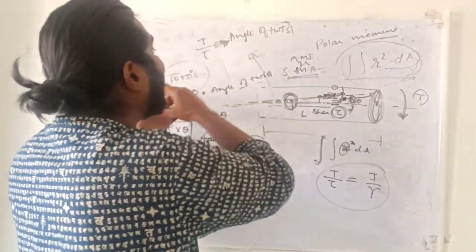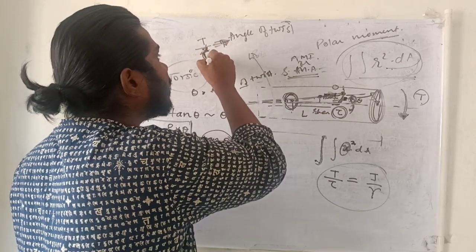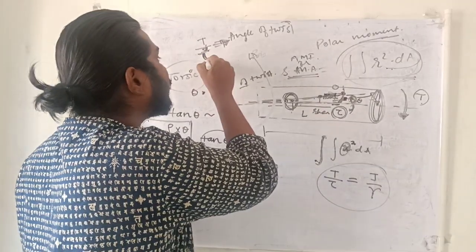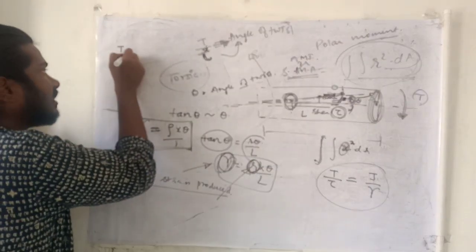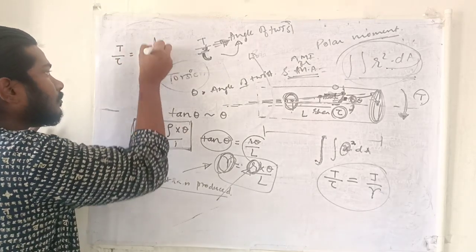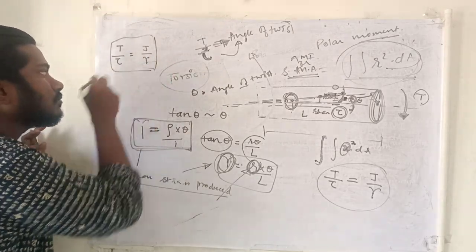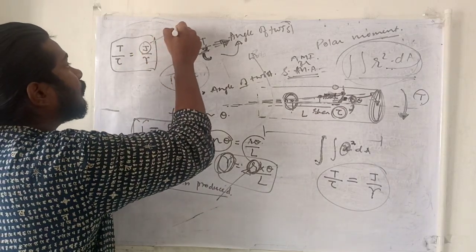This torque will create the tau, the shear stresses inside it, and this shear stress will lead to the angle of twist, which has a relation T by J is equal to tau by r, where J is the polar moment of inertia.